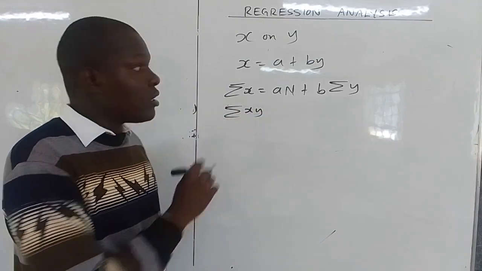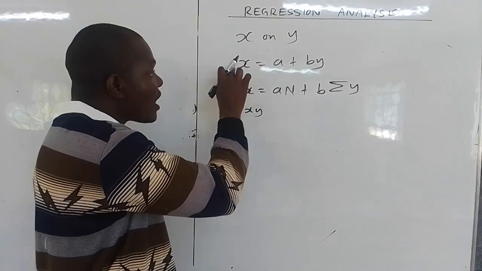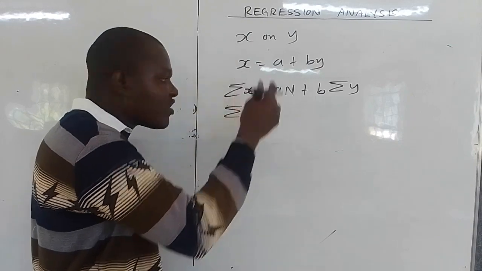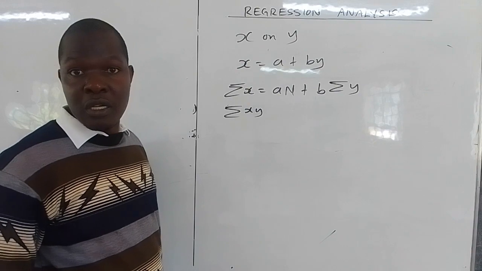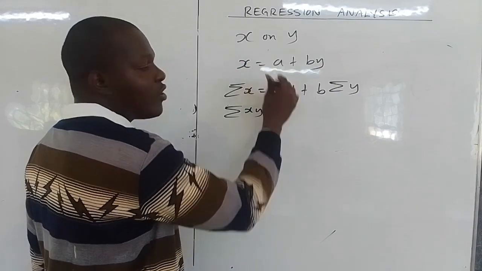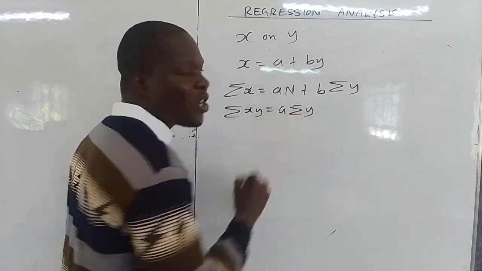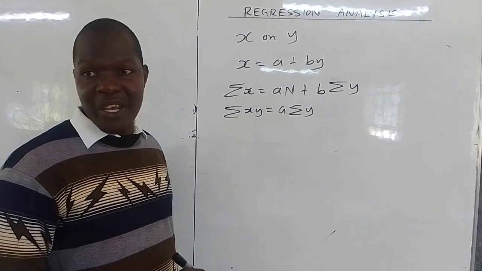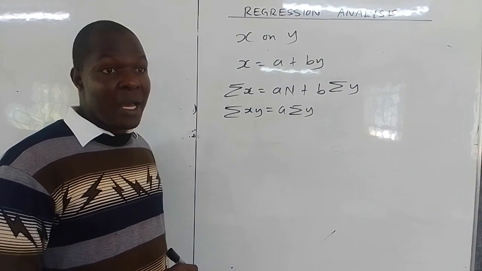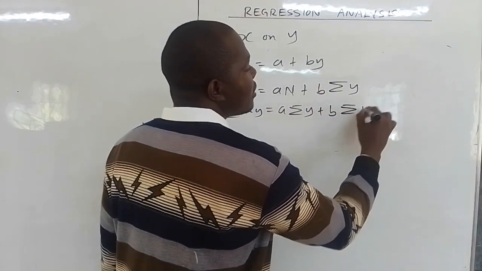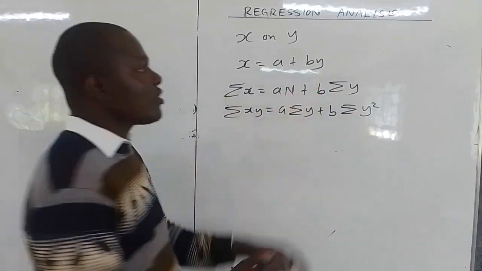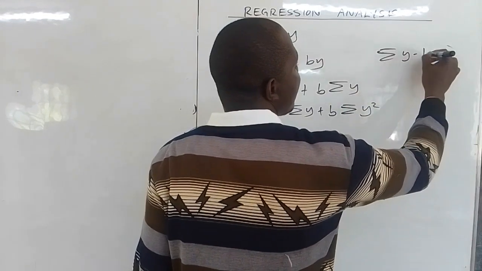See, summation y times x here, you get summation yx, which is the same as summation xy. Just like in the other case, isn't it? Very good. Is equal to, then you factor outside a summation y, isn't it? Are we together? Then you move plus b summation y squared, because this is going to be summation y times by.